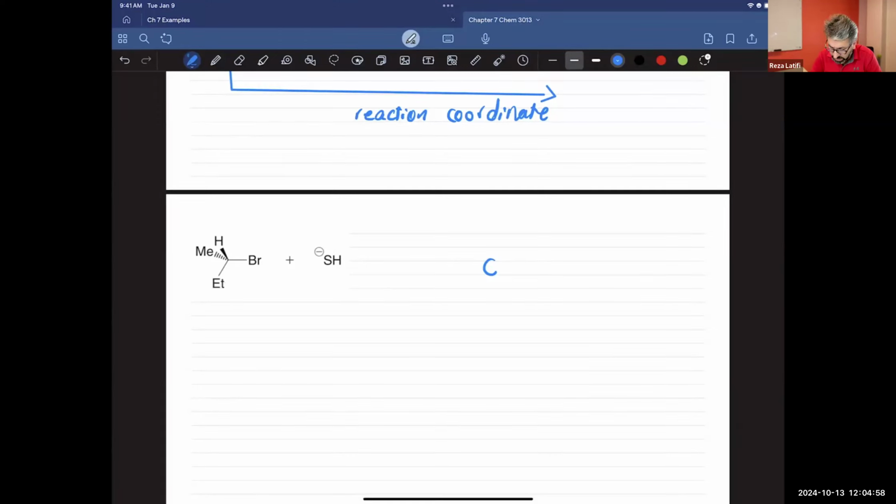That means we're going to have hydrogen facing us, while the methyl is at the back of the molecule, and the ethyl will be down but inside the plane.